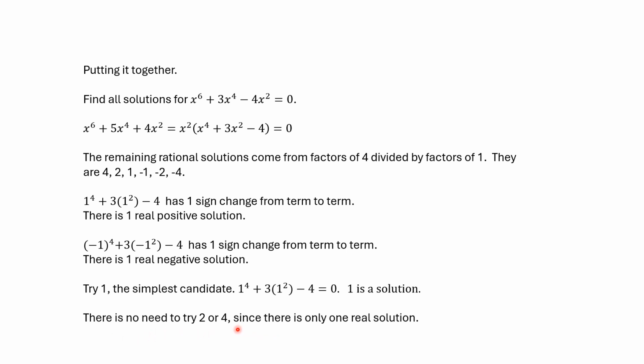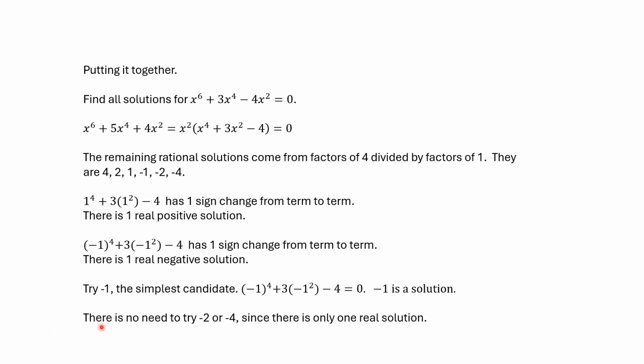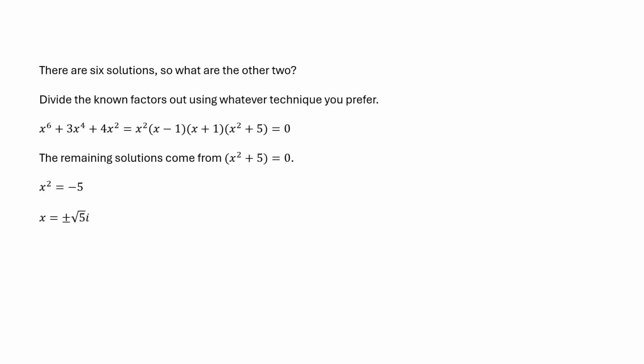There's no need to try the other 2 positive candidates. I'll try negative 1, and I will find it is also a solution, so there's no need to try the other 2 negative candidates.